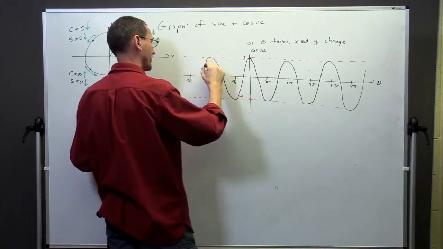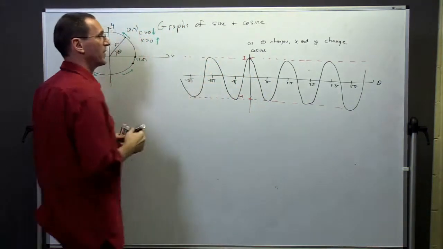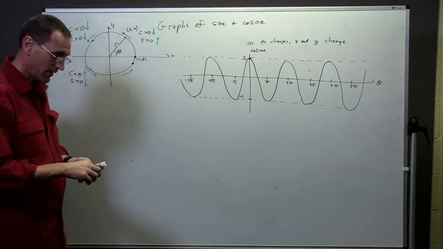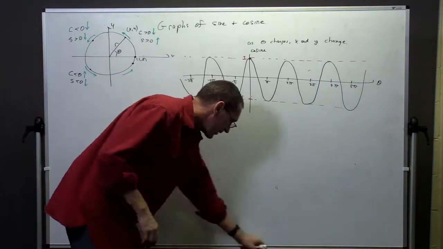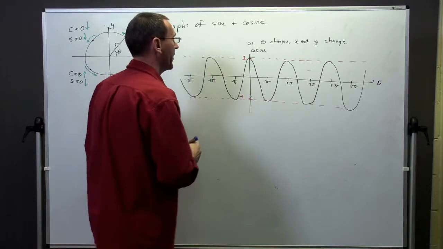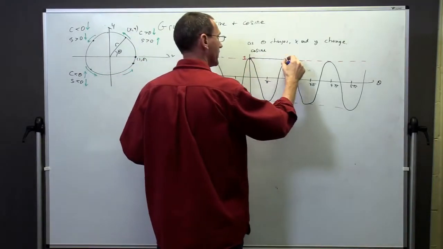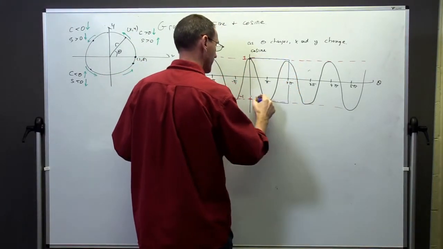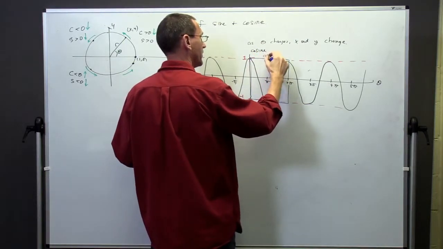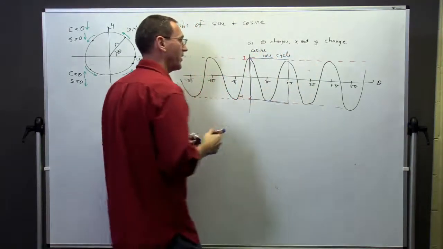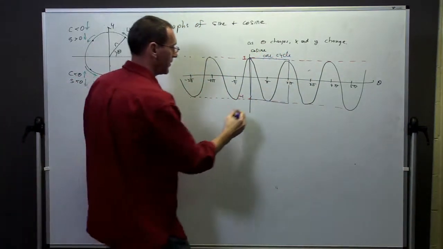Like so. Okay. And again, notice as I go from 0 to 2 pi, so I have one full cycle.